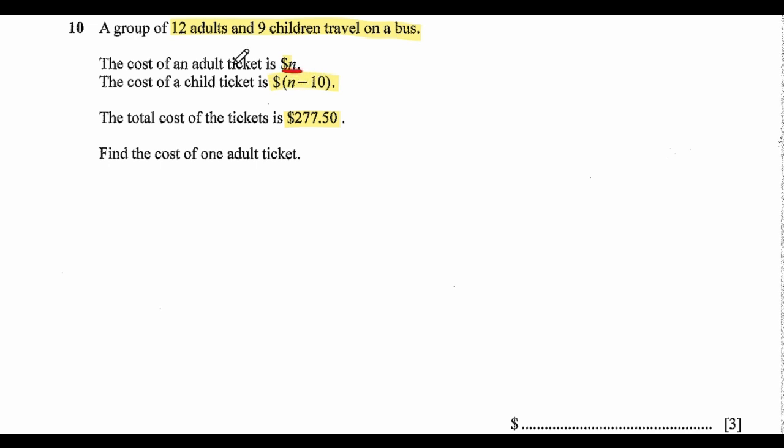Now there are 12 adults and each ticket costs them N dollars. So total cost would be 12 times N. Plus there are 9 children and each ticket costs N minus $10. So total cost would be 9 times N minus 10. And collectively, the cost of all the tickets is 277.5.